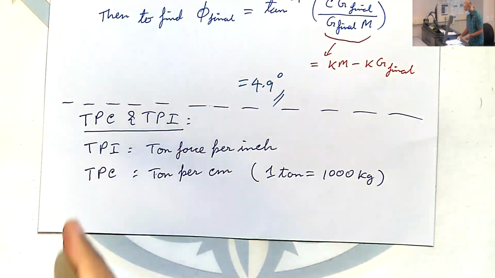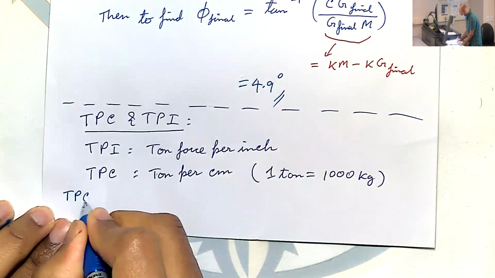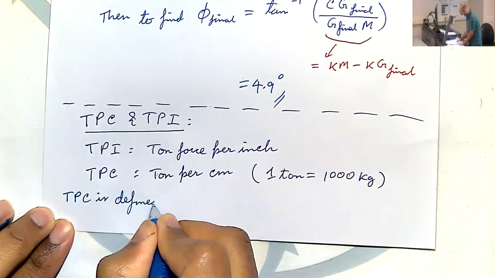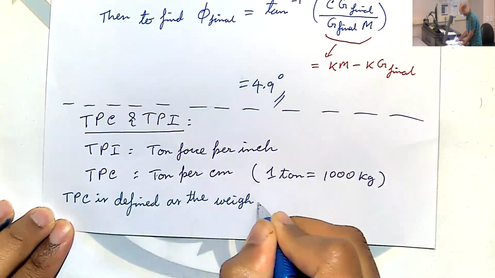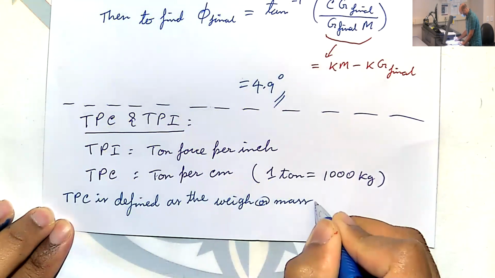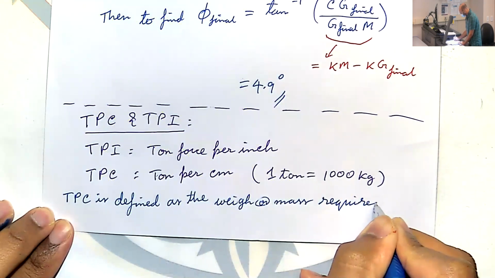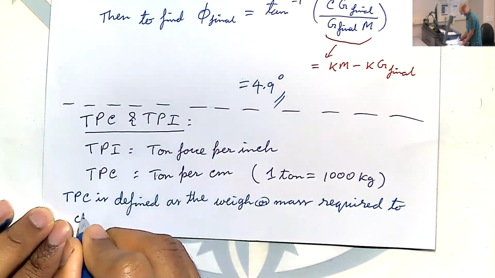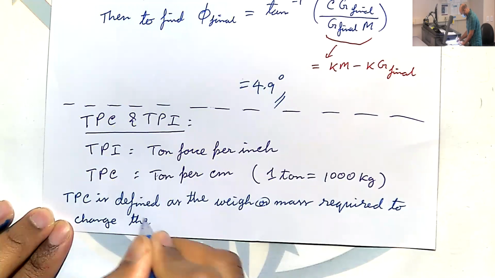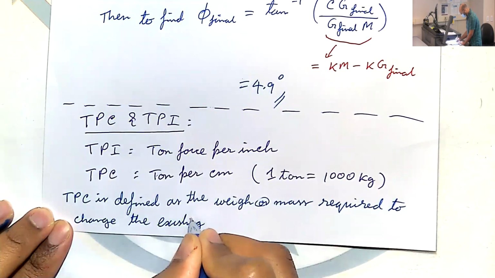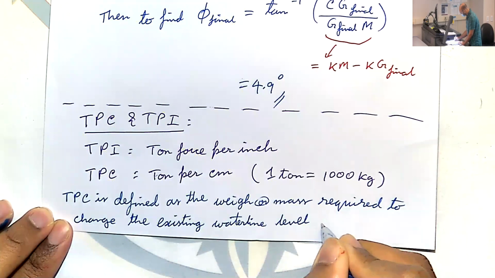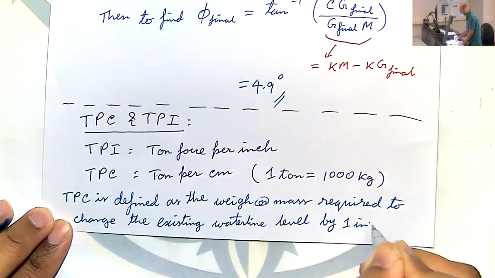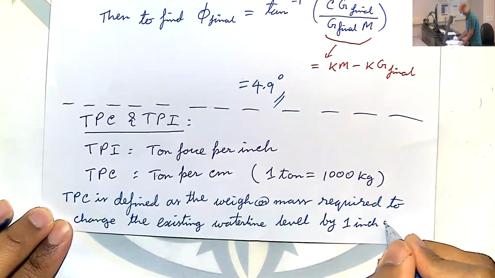TPC is defined as the weight or mass required to change the existing waterline level by 1 inch in the case of TPI, or 1 centimeter.